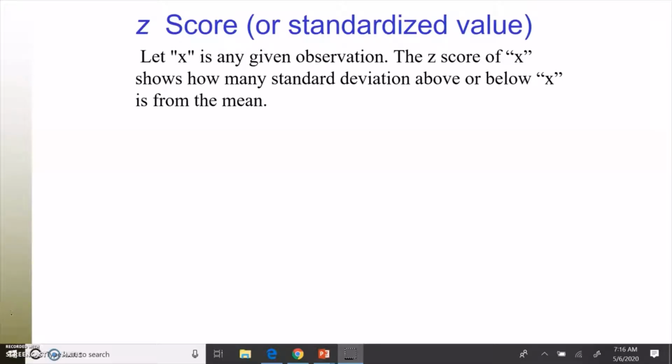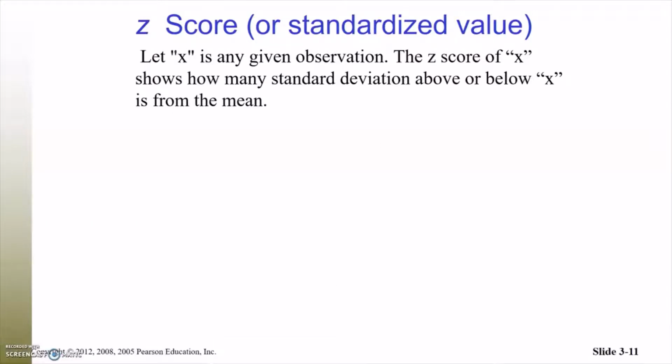Hello everyone, in this video we're going to talk about a very important concept in statistics called the z-score, or a standardized value. Let us suppose you have an observation, a data value, which is x. What we want to do is find its z-score. How do we define the z-score?